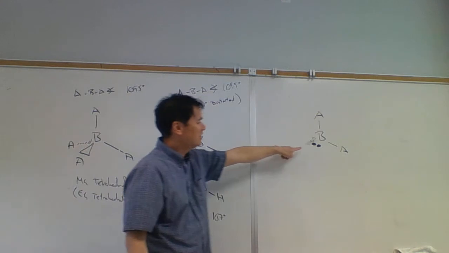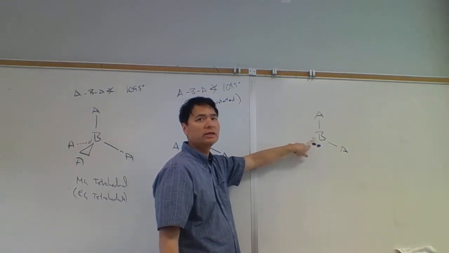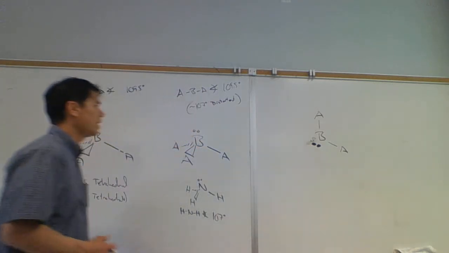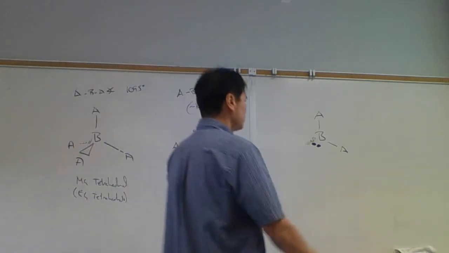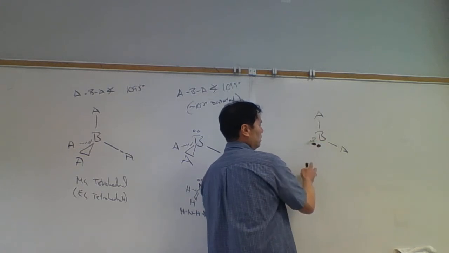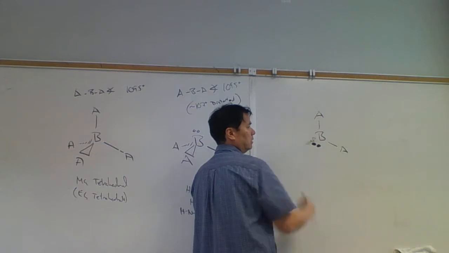If it looks like this, it's a wedge coming out. If it looks like this, it's a dash going in. So I have three ways of drawing lone pairs: in plane, out of plane coming out, and out of plane going in. Just like the bonds. Of course Heisenberg plays a role, but Heisenberg is going to give you a probability boundary. The probability of finding these is better out here than there for these ones.